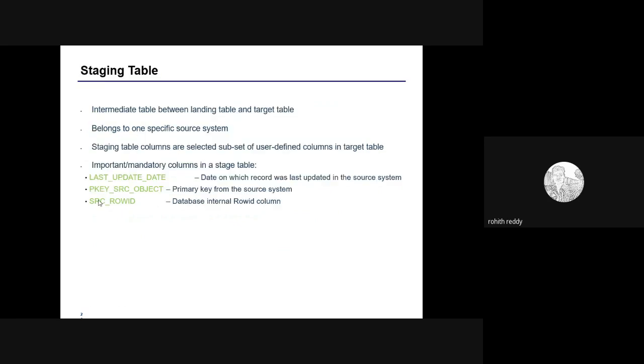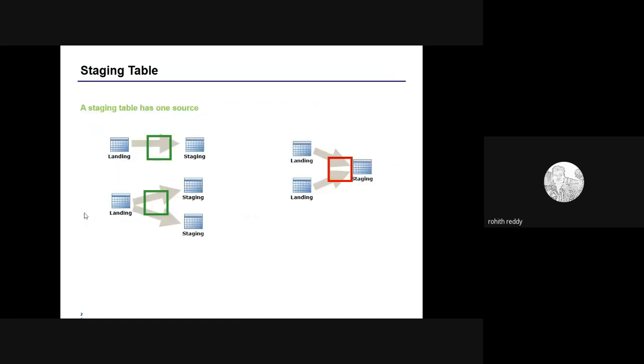This is the stage table. I have already explained, like last update and PK source object. PK source object is unique to the particular source system. Here we have to be very cautious about how we create the mappings. Just remember that; while creating the mappings, I will let you know each and everything.